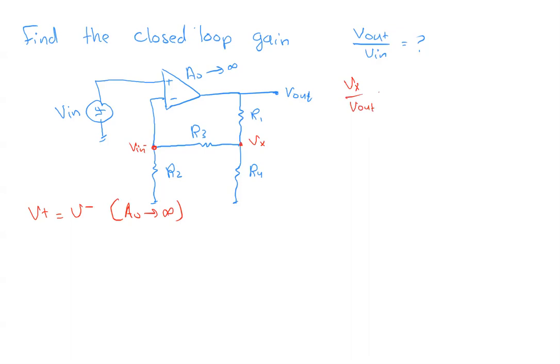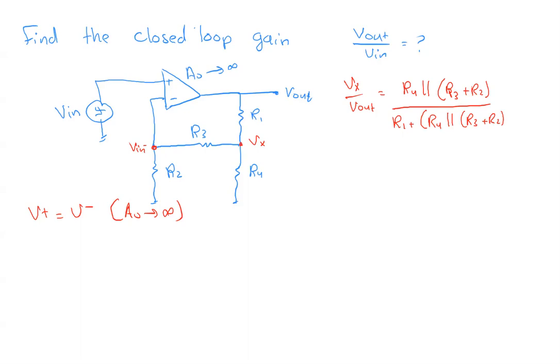It's basically going to equal R4 in parallel with (R3 plus R2) divided by R1 plus R4 in parallel with (R3 plus R2). And this is over V out.